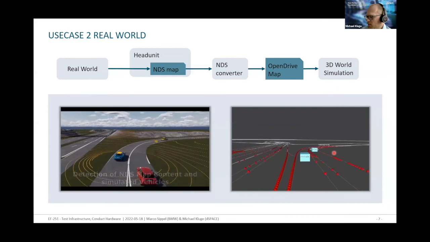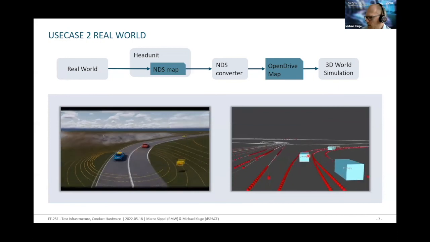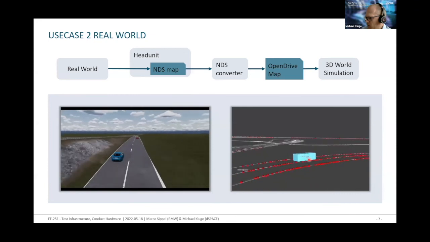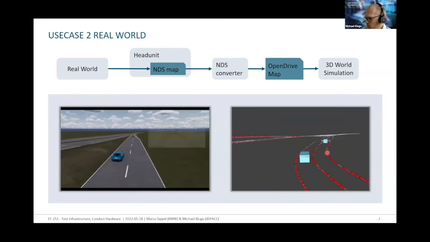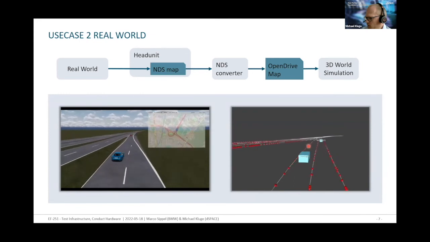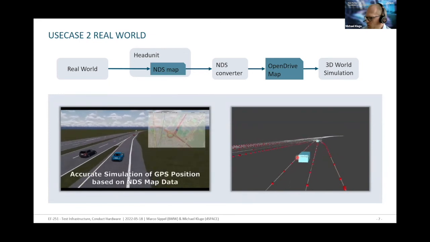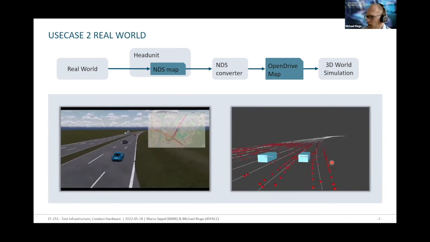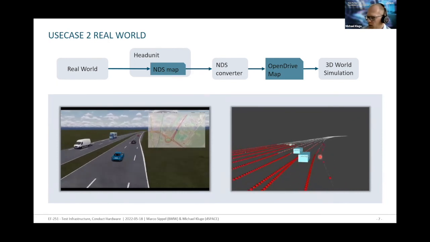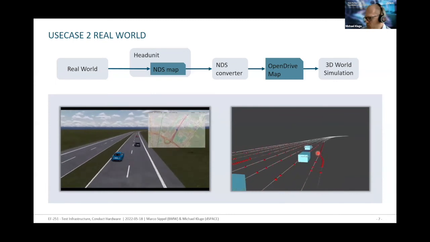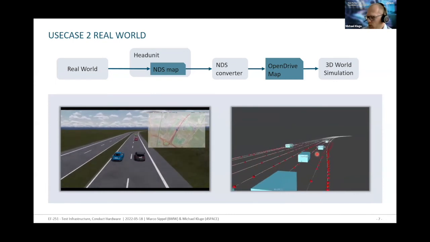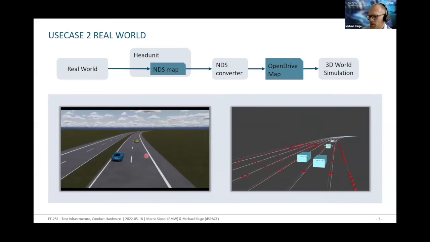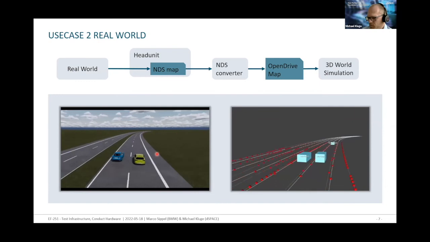On the right side, in the OSI view, you can see that in the surrounding of the vehicle, all the lane markings are identified and visualized by those red points. All the vehicles that move around are visualized by those blue boxes because the vehicles have bounding box information. As you can see, we have a great representation of this map for OSI, for visualization and for sensor simulation.